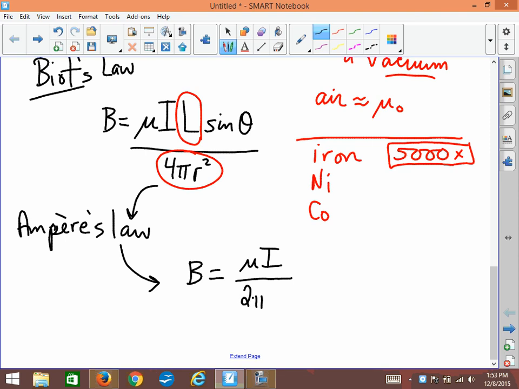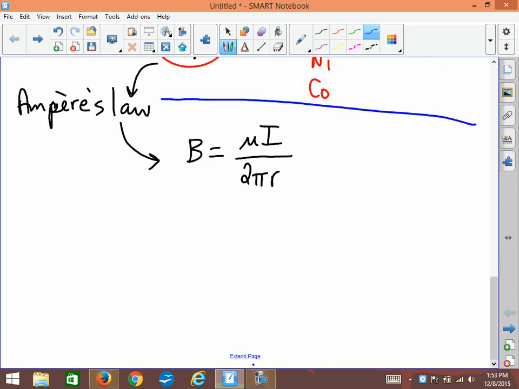Now I have to make sure we understand what these mean. So for this simplification, we've got a few things that are a little bit different. The mu is still the magnetic permeability, right? And I'm going to draw one magnetic field line here.